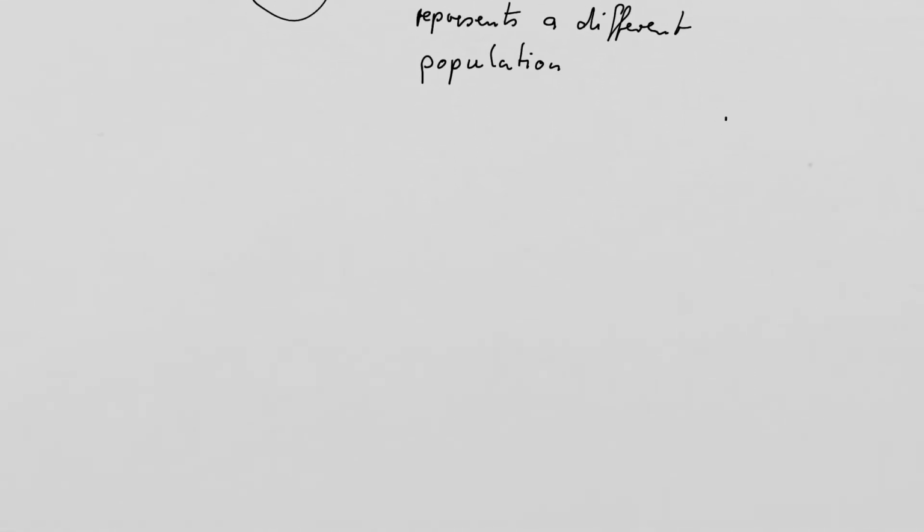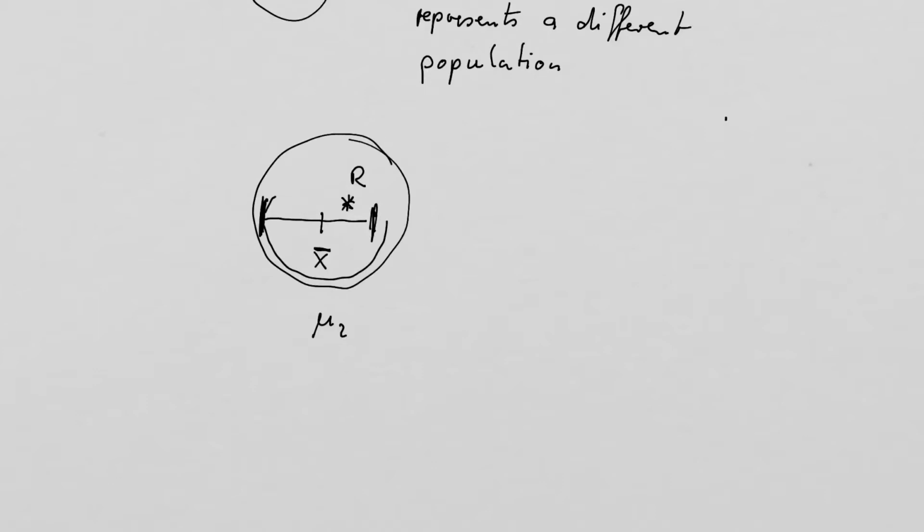What happens if we have the following scenario? We have our confidence interval and we find that our reference value here is included in the confidence interval. So what this means is that we believe that the population from which this sample was taken, mu2, the population mean, is included in this confidence interval.